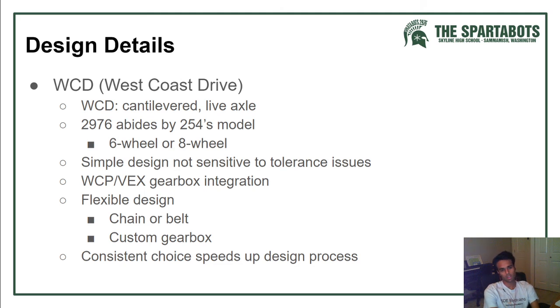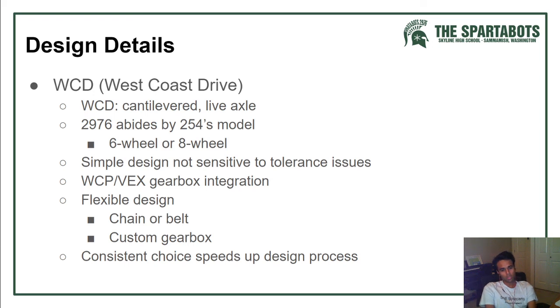So things like versaplanetaries, flexible design. When you're transmitting power, you want to use chain or belt when things are too far away, because then you are able to change their distance easily by changing either the pulleys or the belt length.